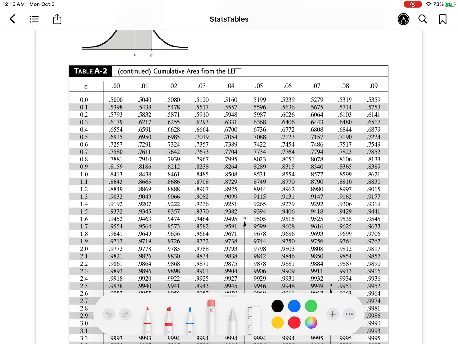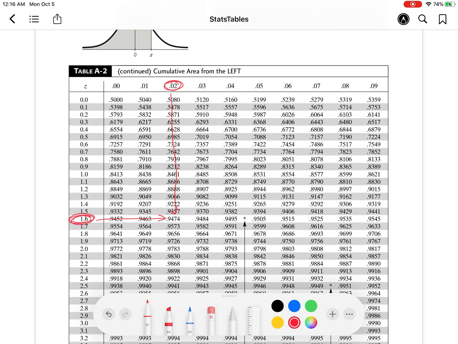There it goes. Okay, so I'm going to look up 1.6 here, and I'm going to put this little 0.02 right there. The z-score here is 1.6, and 0.02 gives me 1.62.